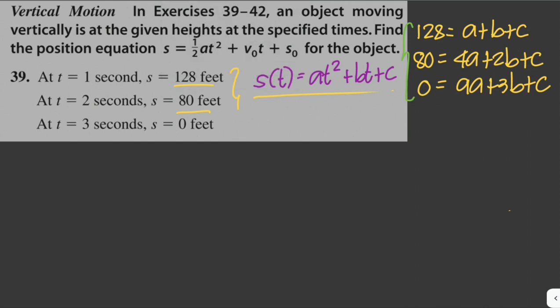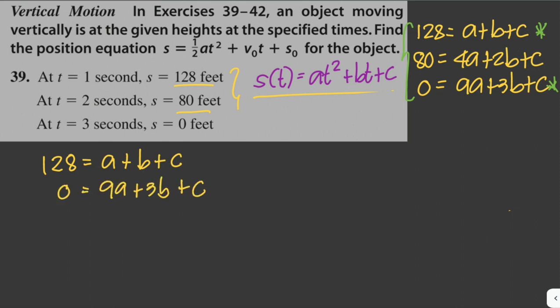So these are now our three equations, and now we use elimination and substitution. We can solve the first equation and the third equation first. So that would be 128 equals a plus b plus c, 0 equals 9a plus 3b plus c.